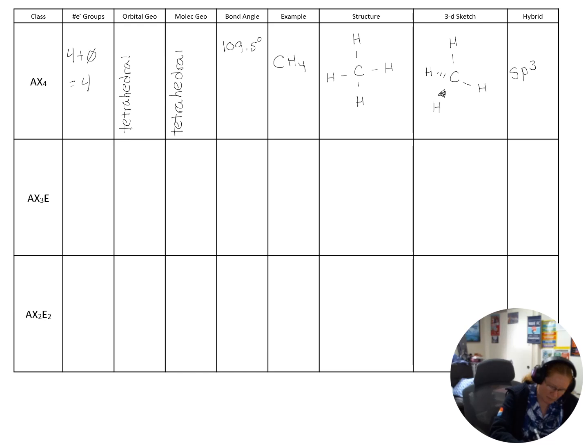Okay. Our next one, I have 3 bonding and 1 lone pair. 3 plus 1 still gives me a total of 4 electron groups. So our orbital geometry is tetrahedral. Okay, and this is our molecular geometry where we are trigonal pyramidal.